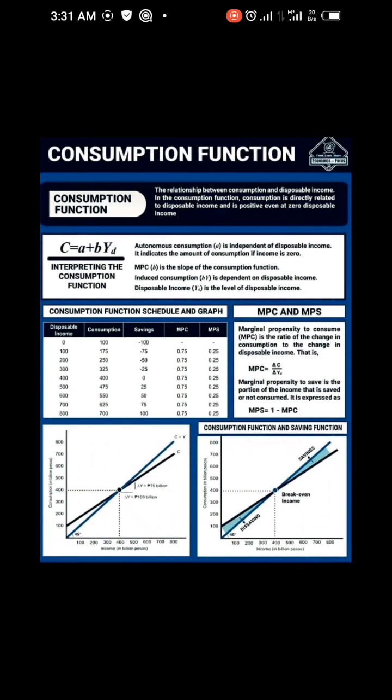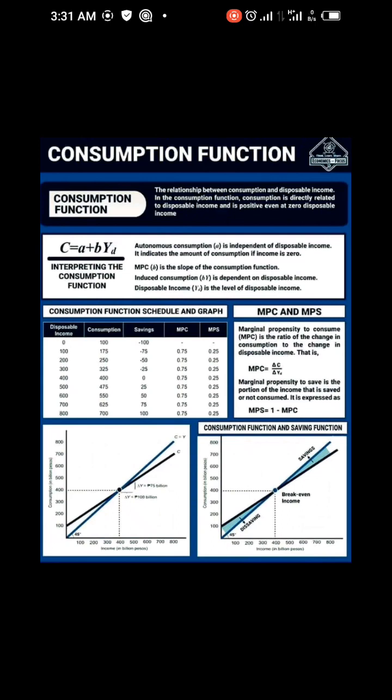While BYD is induced consumption, which is usually dependent on disposable income. YD is disposable income. It is the level of disposable income that either increases or decreases. And there are two major concepts of consumption function, that is MPC and MPS.